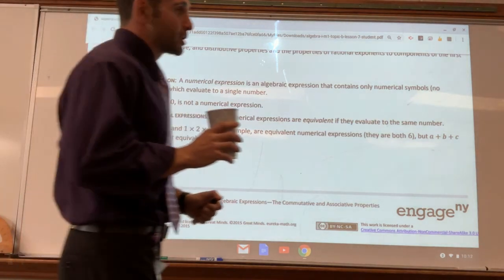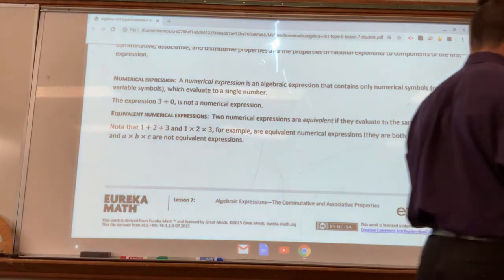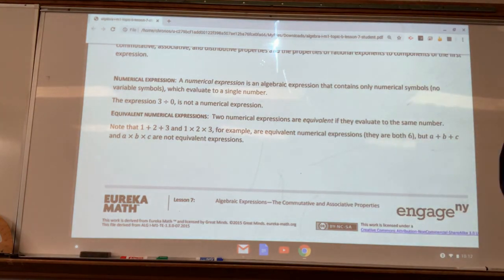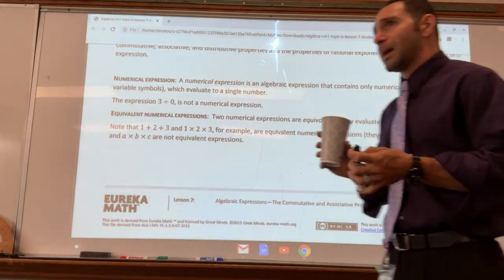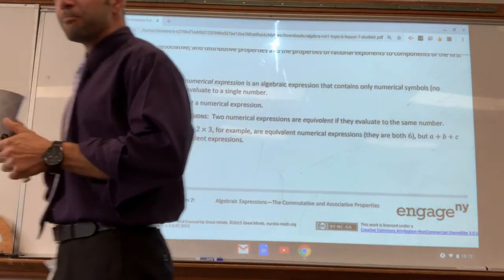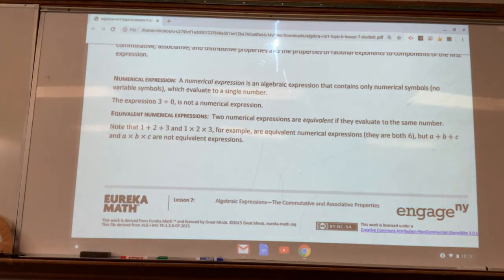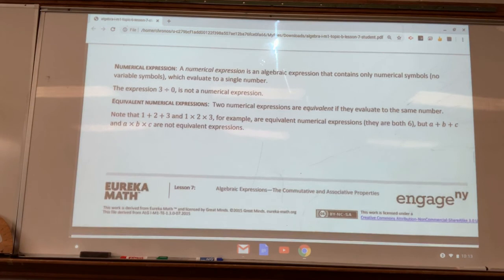So an order of operations problem, like 3 times the quantity of 7 plus 9 squared plus 7 minus 2 minus 4 to the 8th power, is a numerical expression. As soon as I throw in a variable, it's no longer a numerical expression. Equivalence, again, they have the same value, they look different.